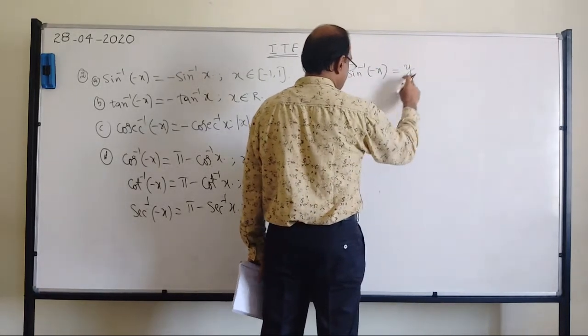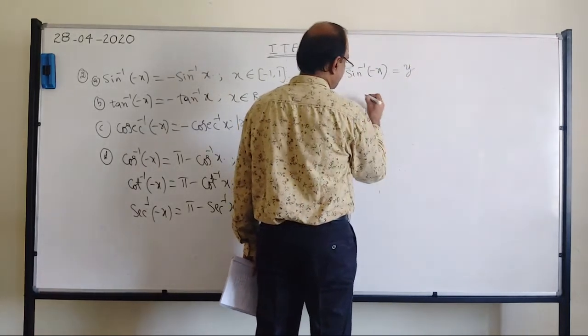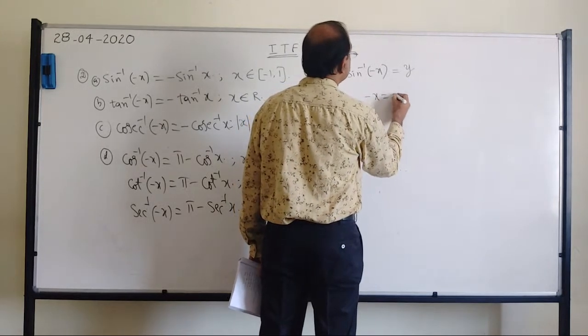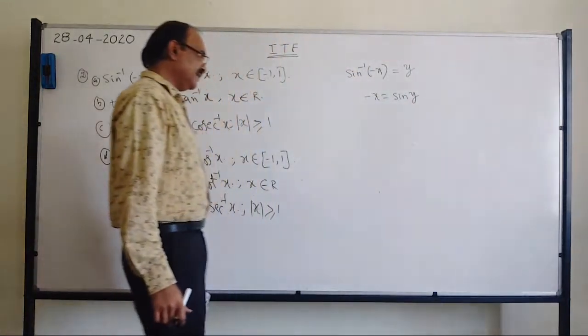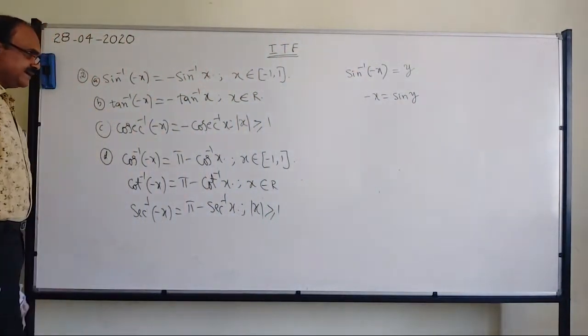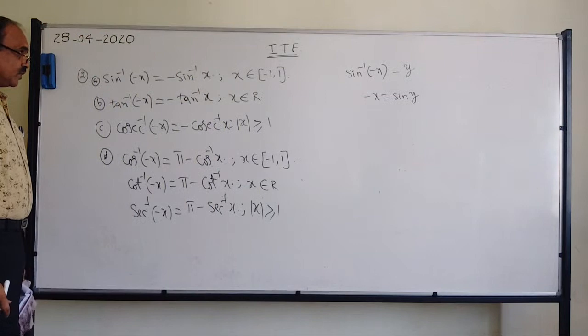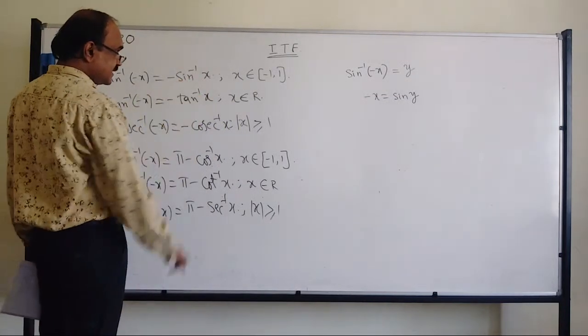So if it goes that side, what happens? Sine y. Minus x is equal to sine y. Sine inverse going that side. Sine y, minus x equals sine y. Now, what you wanted is minus sine inverse x, right?